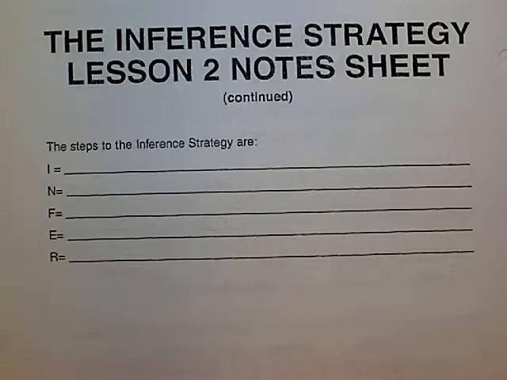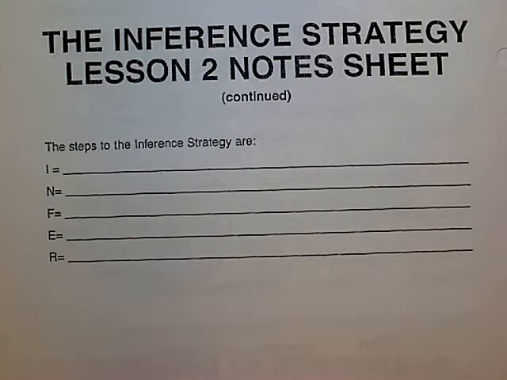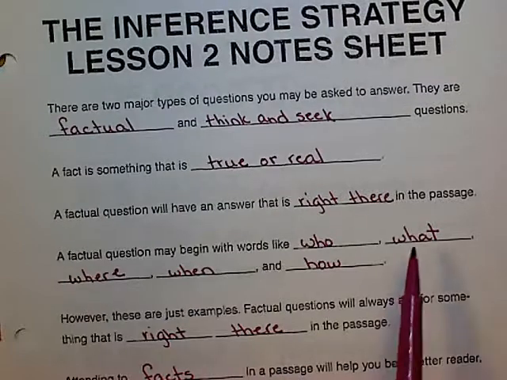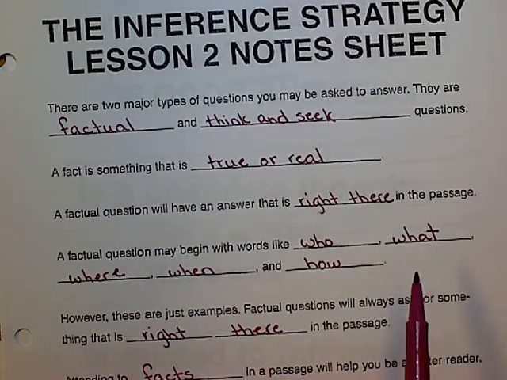Okay, so let's talk a little bit more. So you're going to find clue words in the passage. What if the question asks you, what is Brittany's age? What key words might you underline in the question? Well, again, we're going back to those key words, and I would probably look for what, and then what is it about it I'm looking for?